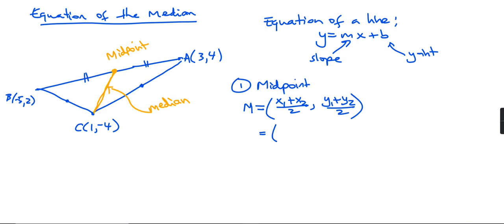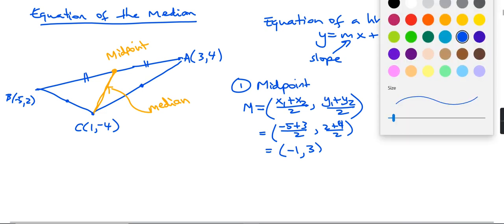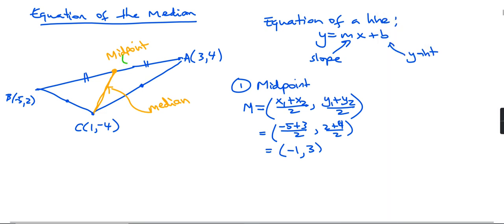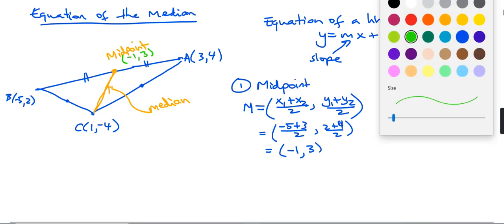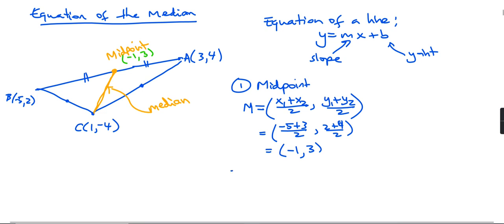So the midpoint is ((-5 + 3)/2, (2 + 4)/2). -5 plus 3 is -2, and -2 divided by 2 is -1. 2 plus 4 is 6, and 6 divided by 2 is 3. So that gives us this midpoint, which is awesome. I'm going to draw it in a different color because we just found it. This is (-1, 3).